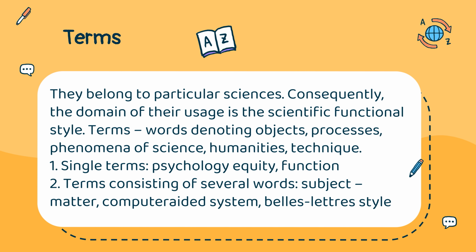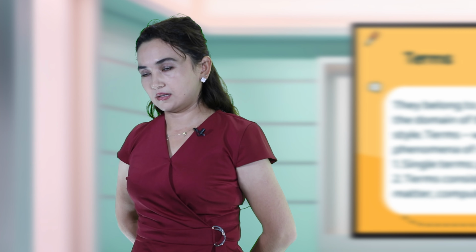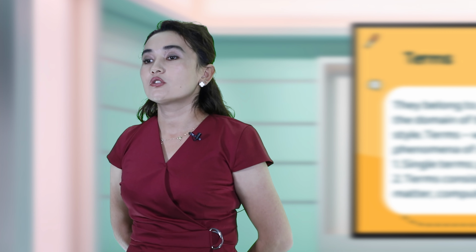These are examples of terms that consist of several words. I will give you an example for the terms. I'm giving you two kinds of sentence. One of them uses terms, and the other uses just ordinary words.